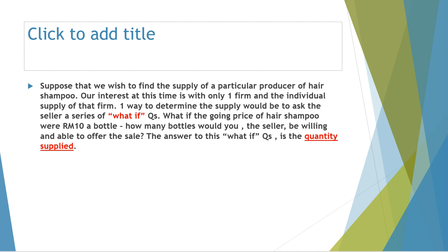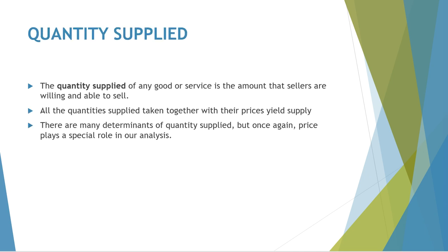So, what is quantity supplied? Quantity supplied is the amount of goods or services that sellers are willing and able to sell. All the quantities supplied taken together with the price yield supply.